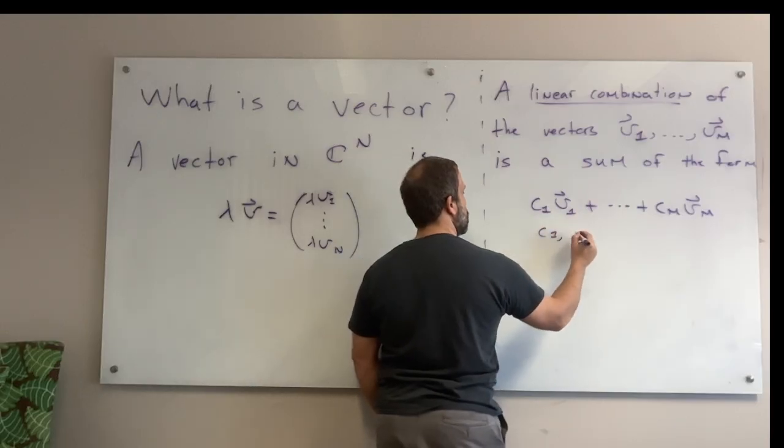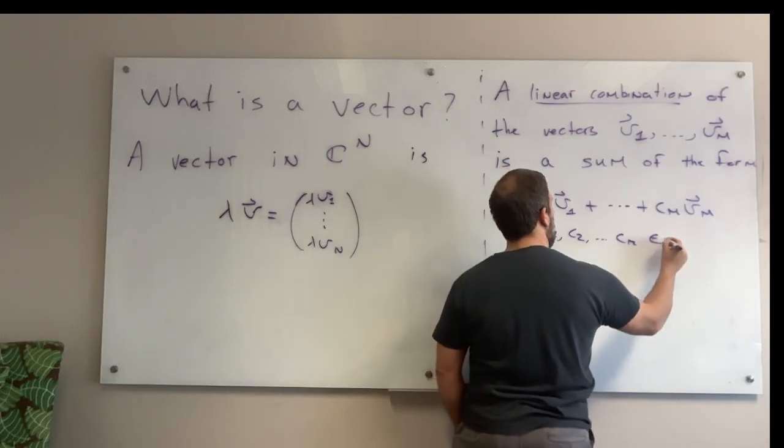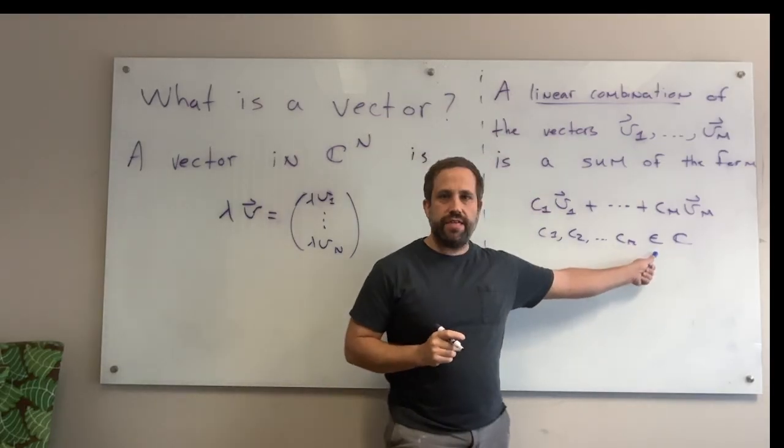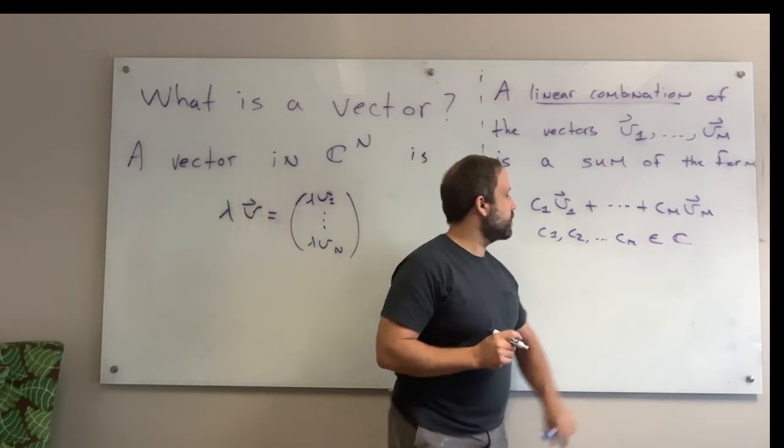So C1, C2, all the way up through Cm are scalars. They're complex numbers. And if you haven't seen it, this little symbol that looks like a euro symbol, we're saying that these are in the set of complex numbers.